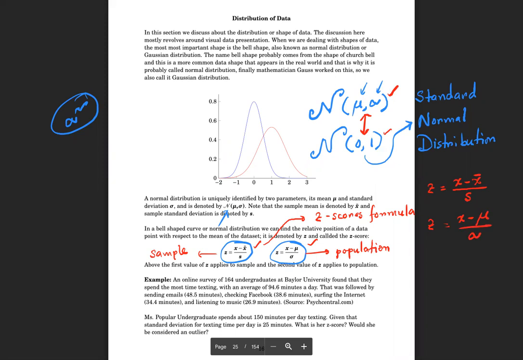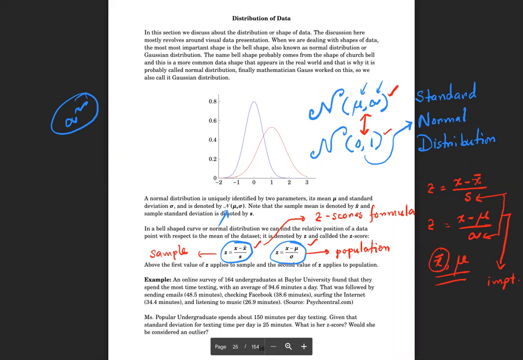Now, as you can see, your understanding of the difference between s and sigma becomes important, the way your understanding of x bar and mu is important. x bar is the mean of the sample.